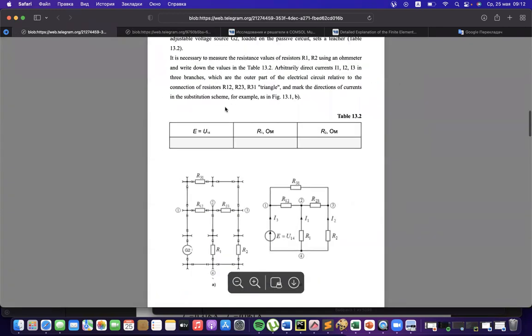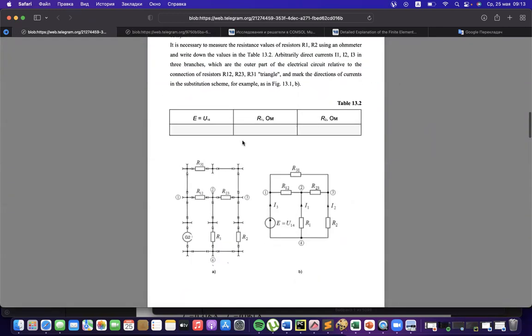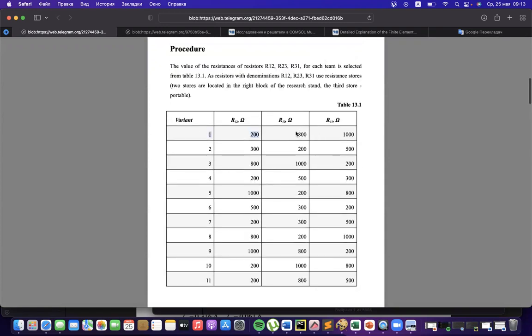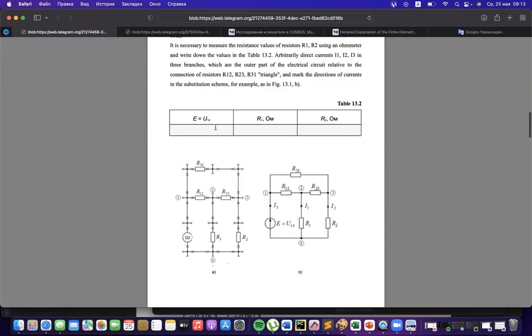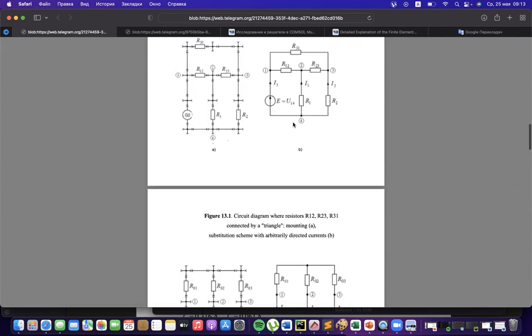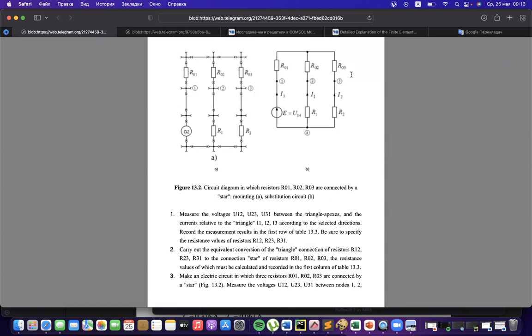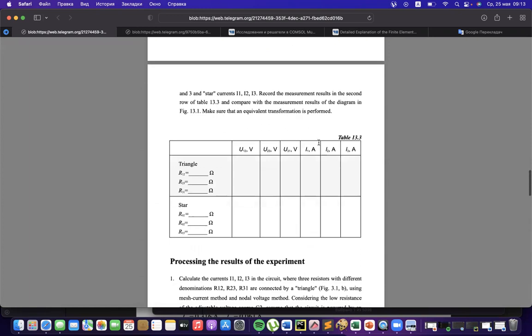For laboratory work number 3, you should have all the data. If you don't have these 3 numbers, the teacher will give you. But in any case, 3 resistors from the table, 3 values from the second table, you have all data from the picture, and you should get the second picture after the calculation.